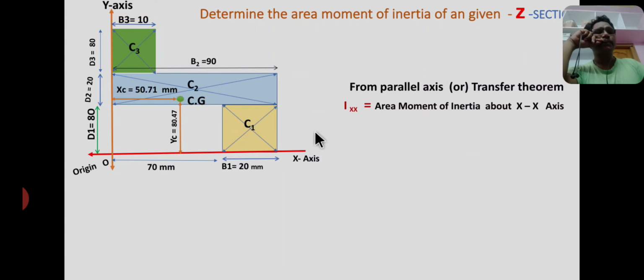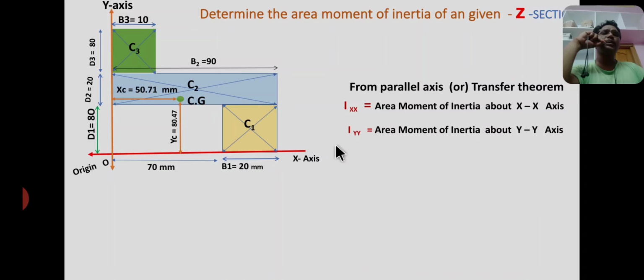From the parallel axis theorem, you have to find the values of area moment of inertia about the reference axis, that is the x-axis and y-axis. Ixx is the area moment of inertia about the xx axis, and Iyy is the area moment of inertia about the yy axis. This is the xx axis, this is the yy axis.